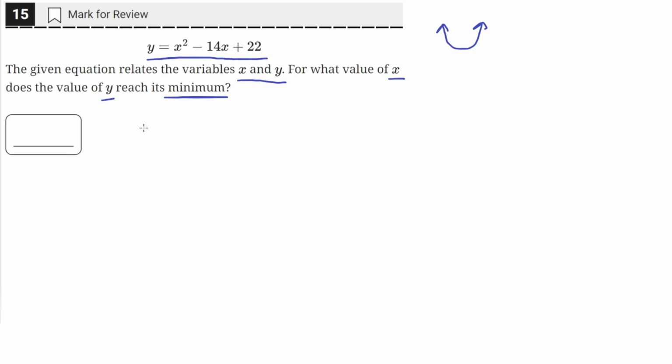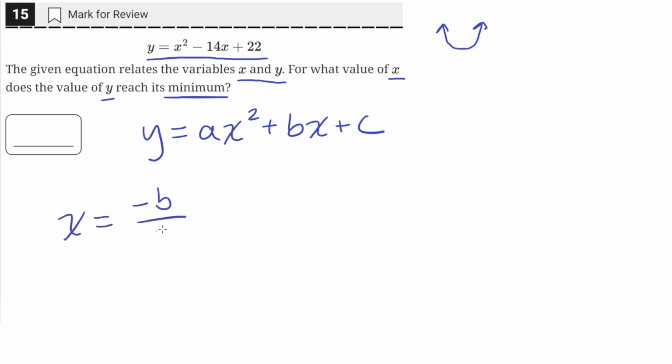Okay, so when quadratics come in the form y equals ax squared plus bx plus c, where a, b, and c are constants, then we can use the formula x equals negative b over 2a to find the x coordinate of the vertex of a quadratic.